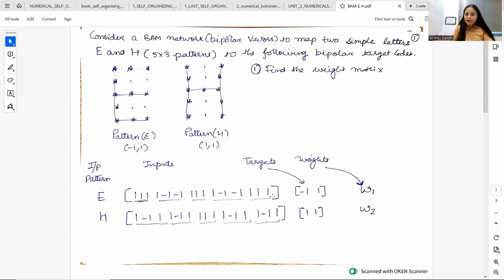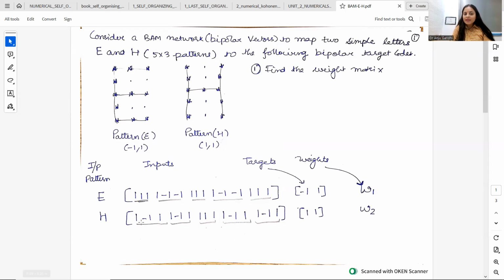For the target code given to us, it is -1, 1. As per the requirement, we have to compute W1. In the same way, for H it will be 1, -1, 1, 1, -1, 1, 1, 1, 1, 1, -1, 1, 1, -1, 1.